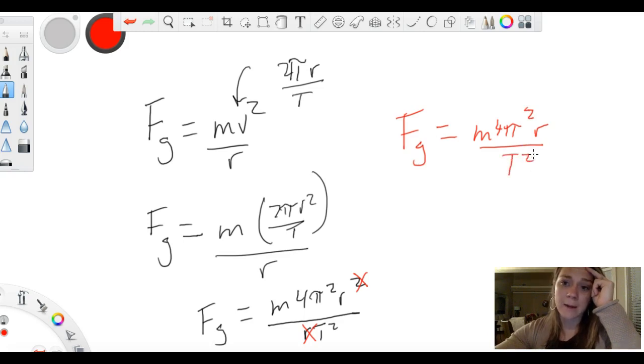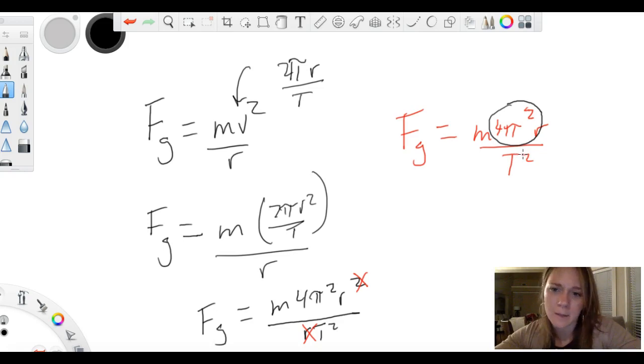So now I could ask, I already know that all of this is going to remain the same, the 4 pi squared, right? But I could pick 2 of these to remain the same and then say, well, out of the remaining 2, if I change this one, how does the other one change? So if the mass stays the same and the gravitational force stays the same because the mass is the same, what happens to the period as I change the radius?